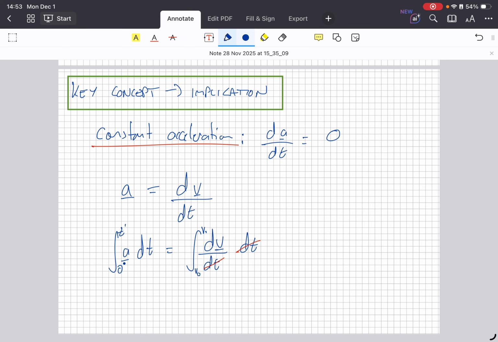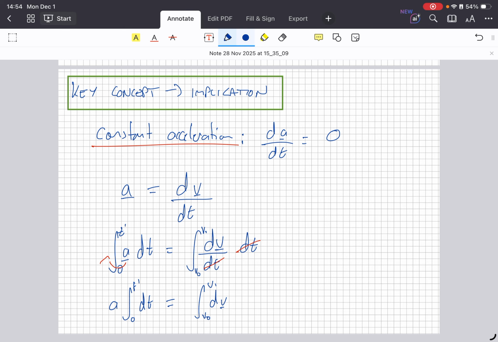And because acceleration is constant with respect to time, that means we can actually just take this outside our integral sign here. So we end up with A integral dt between 0 and t prime is equal to integral dv between v0 and v1.